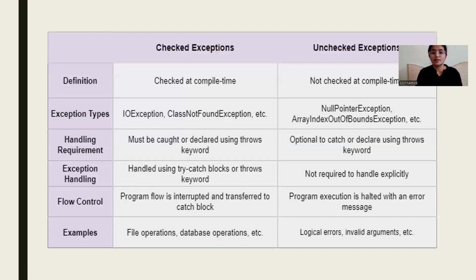So checked exceptions are checked at compile time, and unchecked exceptions are checked at runtime. IOException and ClassNotFoundException are some of the types of checked exceptions, and unchecked exceptions are like ArithmeticException, NullPointerException, and so on.